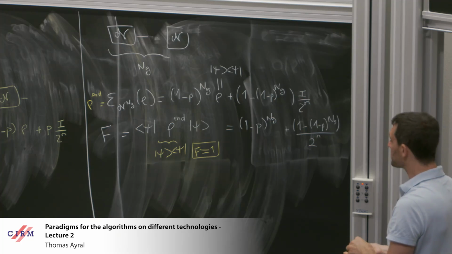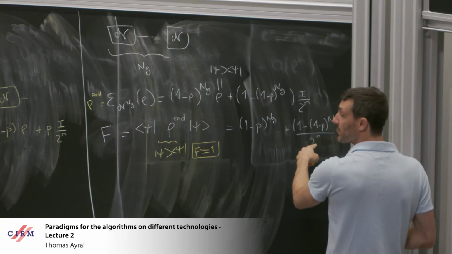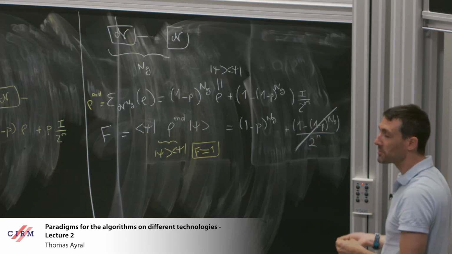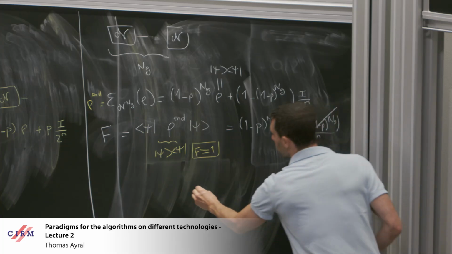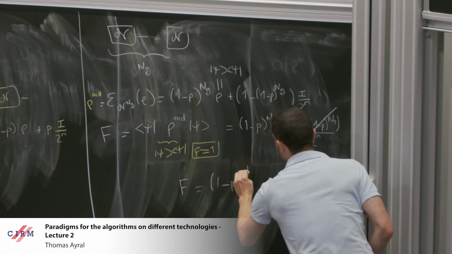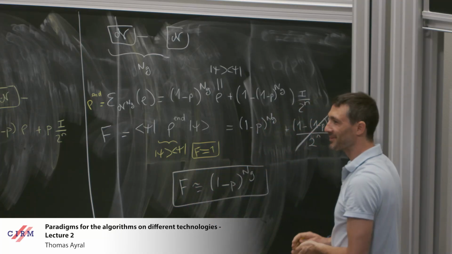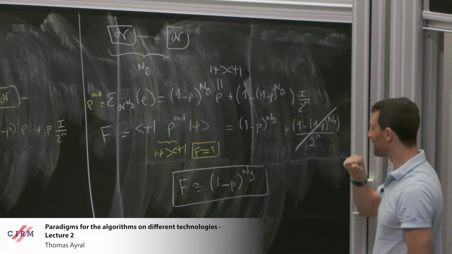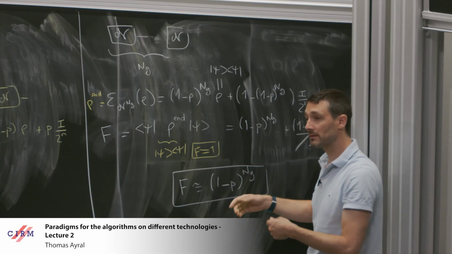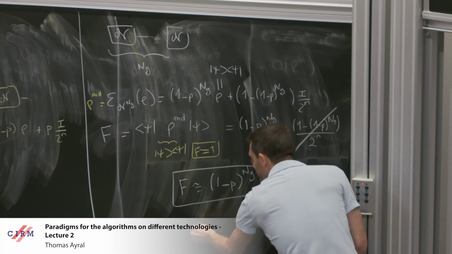So here I want to do this computation because here I have a number which is small divided by 2 to the n. I mean, even if it's not small, it's divided by 2 to the n, so with a number of qubits which is quite large, which is even not so large, I can remove this term. So essentially what is important to remember from this, and this is a very important law, okay, I'm going to put an approximate sign here because I removed some terms, is that the final fidelity that I get if I do N_G noisy gates is essentially (1 minus p) to the power N_G, which I can rewrite in another way.